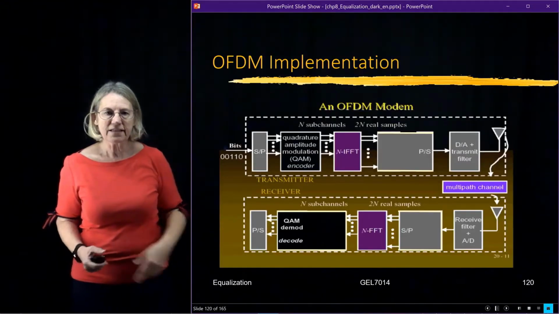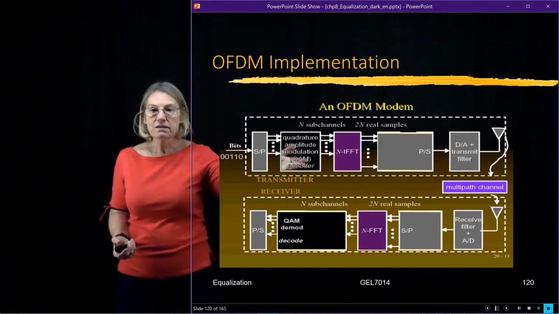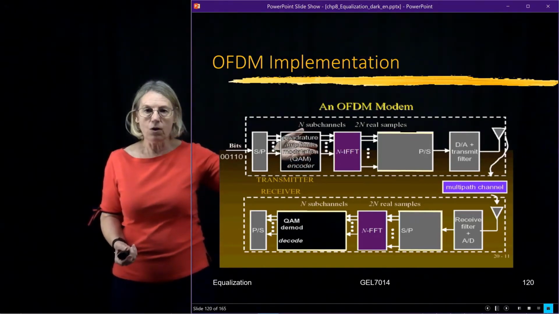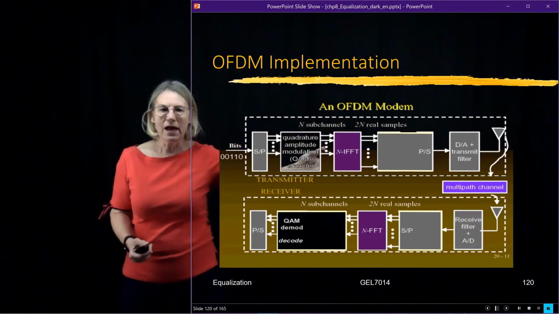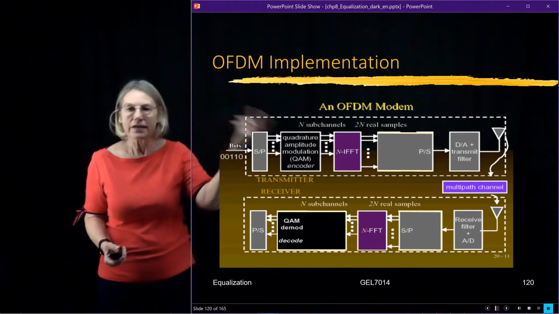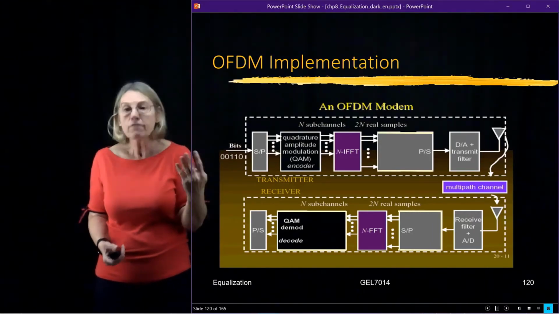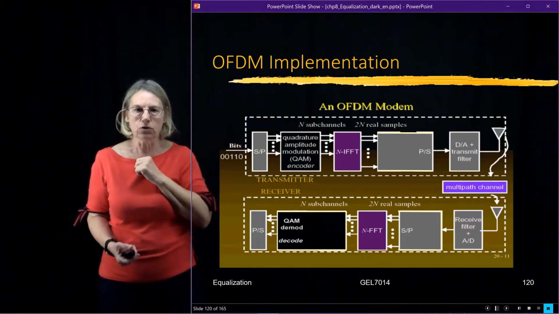Then I take this vector and I modulate it. If it's QPSK, I take 2 of those bits and turn them into an IQ coordinate. If it's 16 QAM, I take 4 of those bits and turn them into an IQ coordinate.